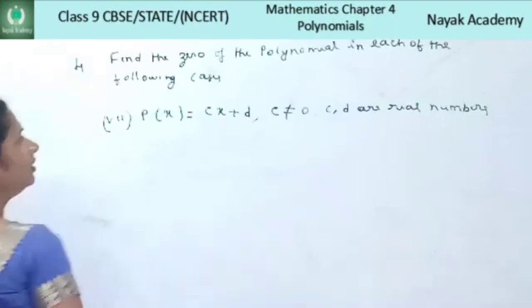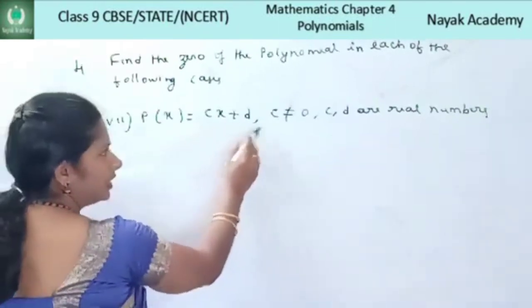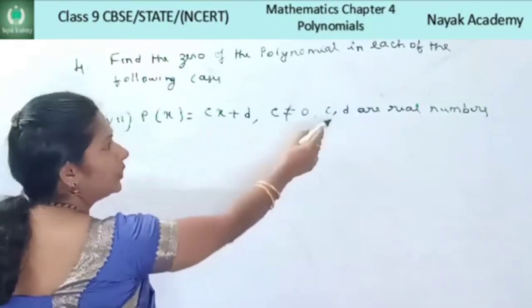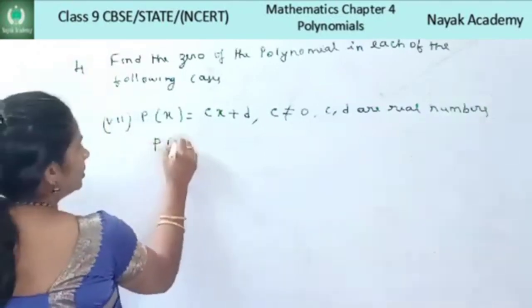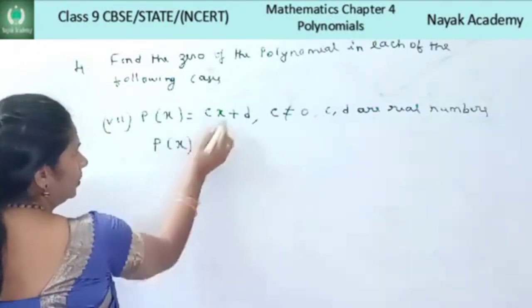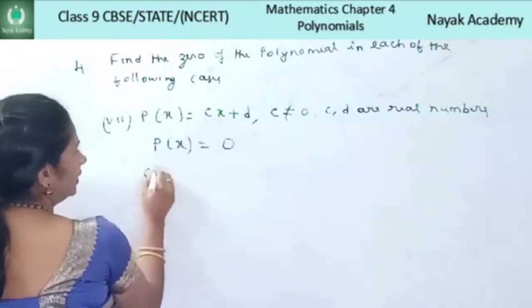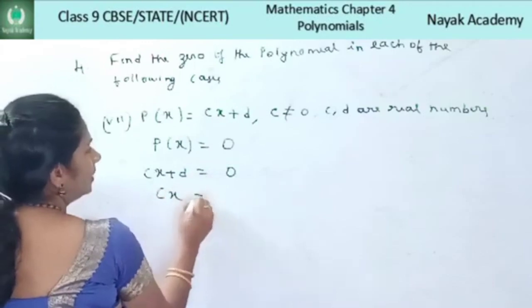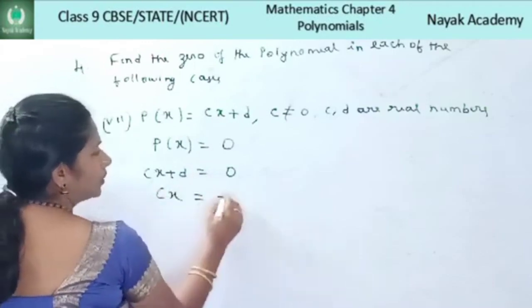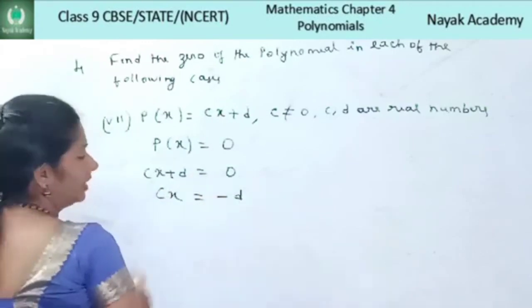Coming to the last question, p of x is equal to cx plus d, where c should not equal to 0 and c, d are real numbers. Now what we have to do, children? Substitute the value of p of x is equal to 0. What is the p of x value given? cx plus d equal to 0. cx you keep left hand side only, plus d you transpose to right hand side, it becomes minus d.